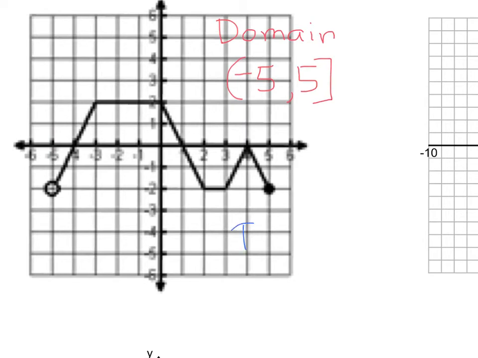Okay, and now range. Range is the y values. It goes from the bottom of the graph, which is at -2.